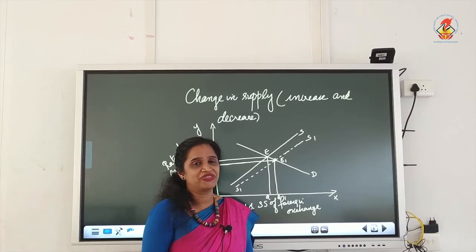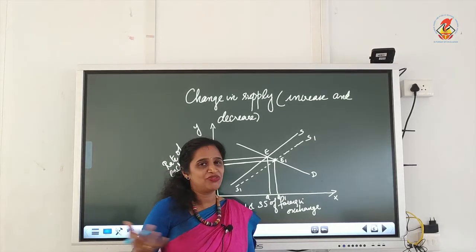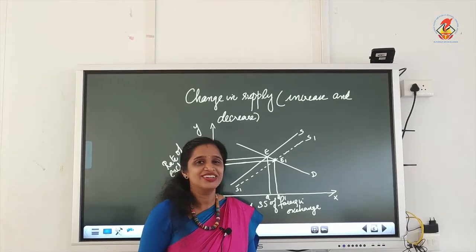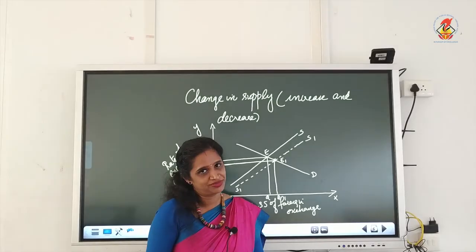There is excess supply of foreign exchange. When there is excess supply of something, we can find the rate of exchange will come down, as I mentioned earlier. So you can give the value of this as 67, and this rate of exchange as 66. So the value has come down.